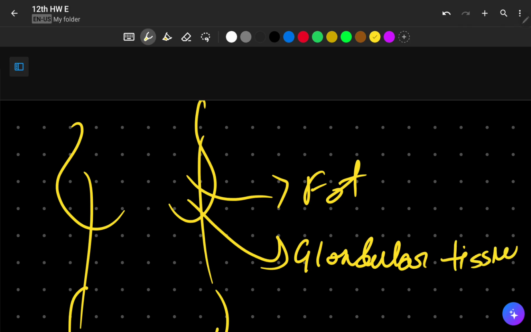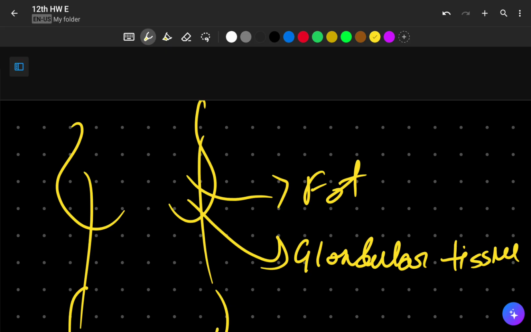They have a certain amount of fat depending on their genes or something, and they have glandular tissue, which is where the entire action will begin. So when you are pregnant, your mammary glands undergo differentiation, and by the end of pregnancy they start lactating, and that milk is called colostrum, which contains the antibody IgA, which is essential for the baby, and that is why it's important to breastfeed the baby for the first few months of life.